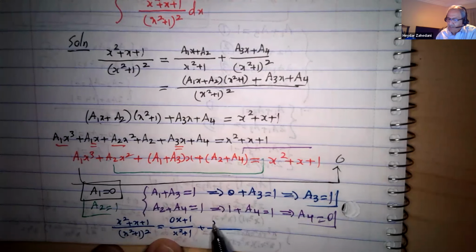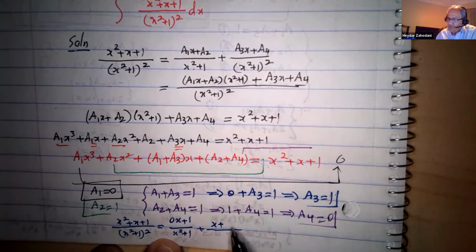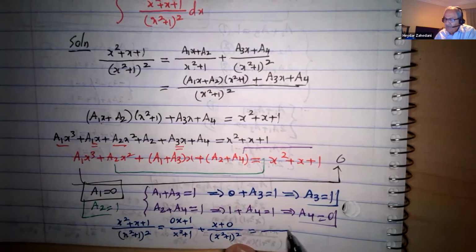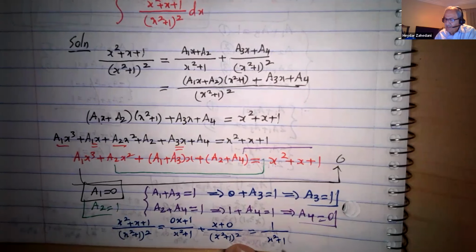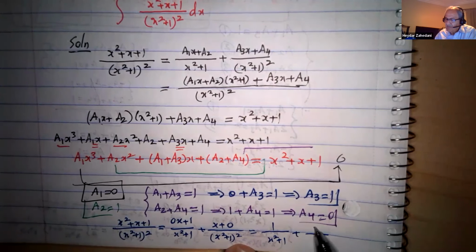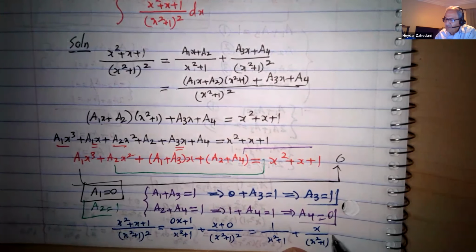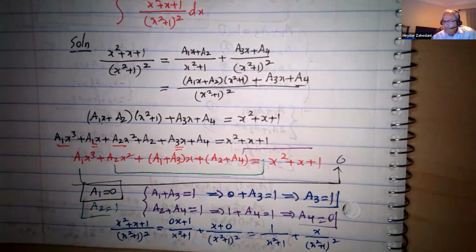So that gives x plus a4. a4 is 0, divided by (x squared plus 1) all squared. So you end up with 1 over x squared plus 1 plus x over (x squared plus 1) all squared. Easily can be done because this is a tan inverse. And over here, you move this one up, u prime, you get it right.